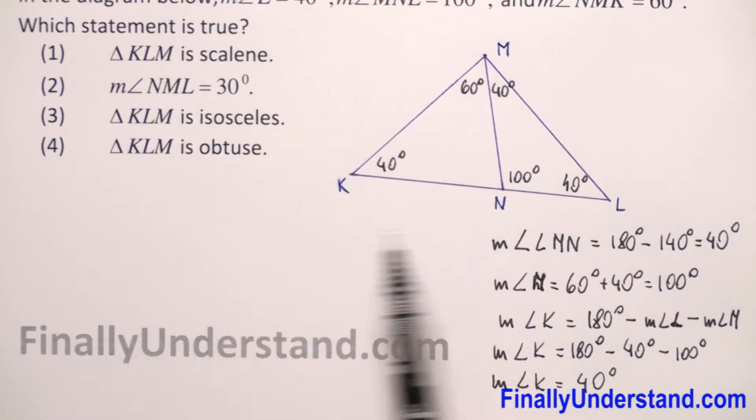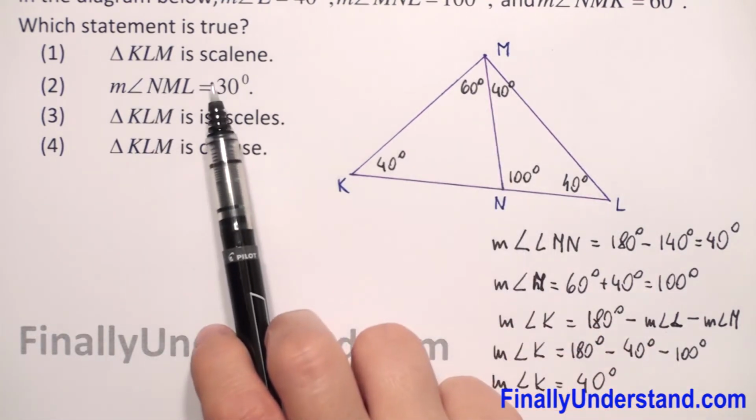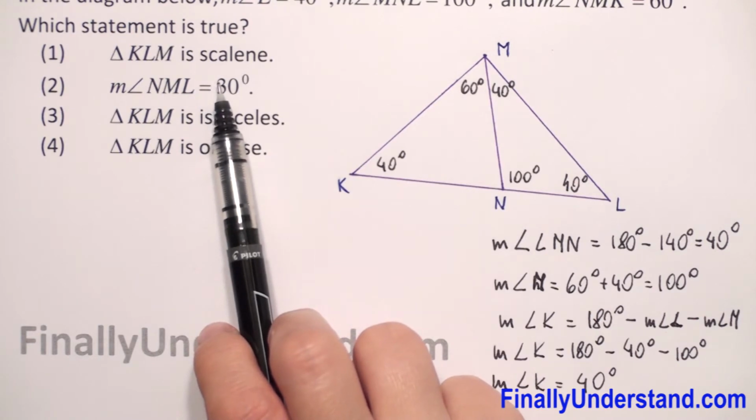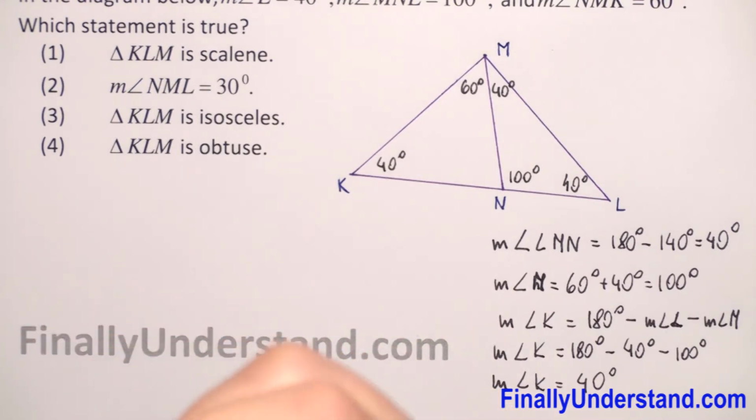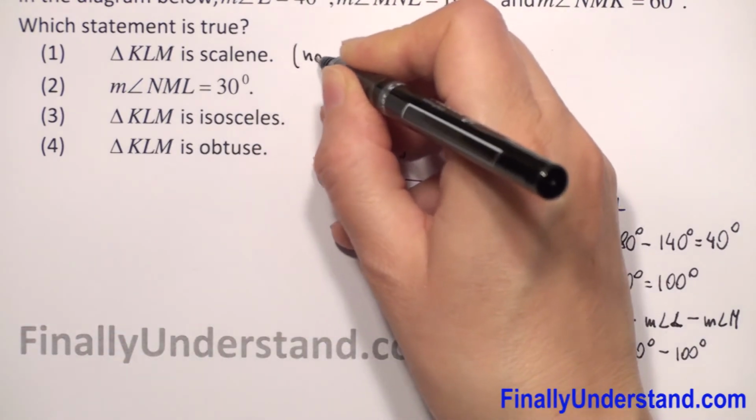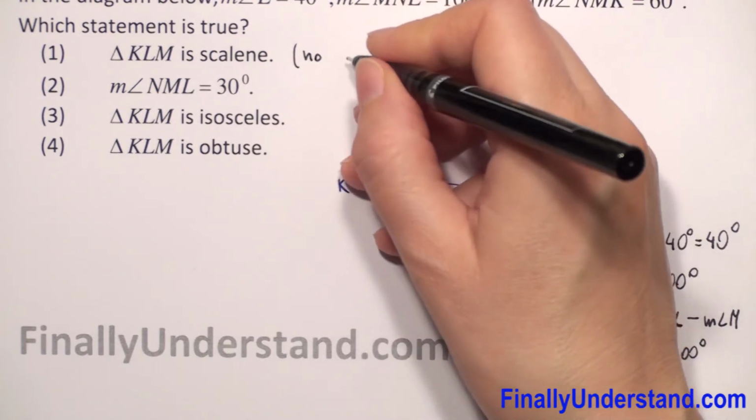Triangle KLM is a scalene triangle. It means that the triangle has no congruent sides. We can write no congruent sides.